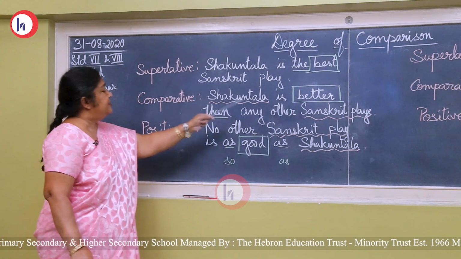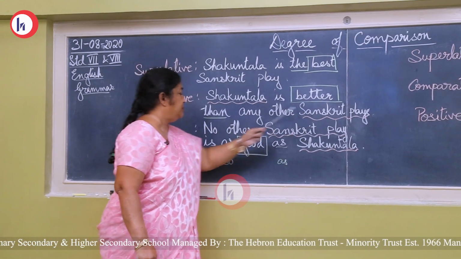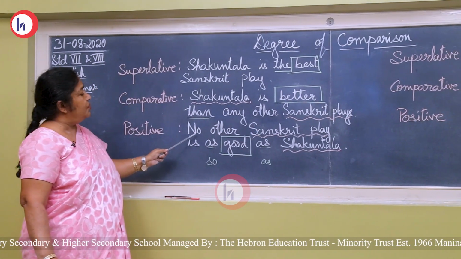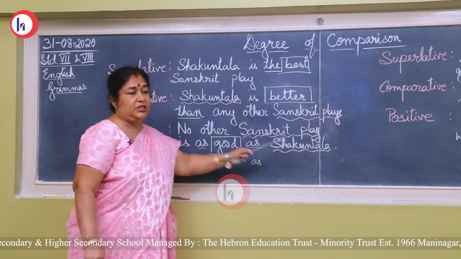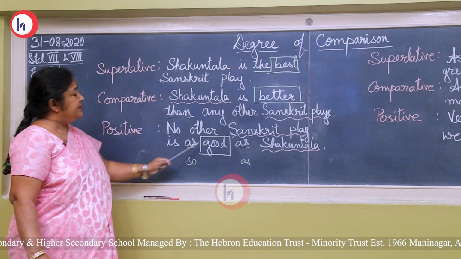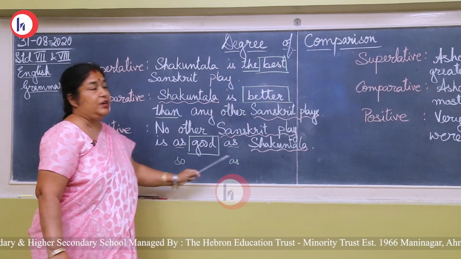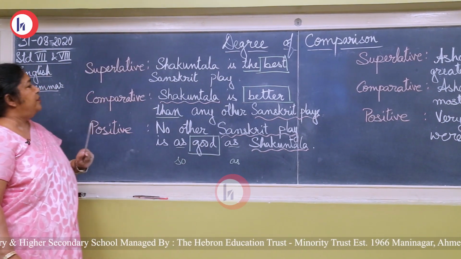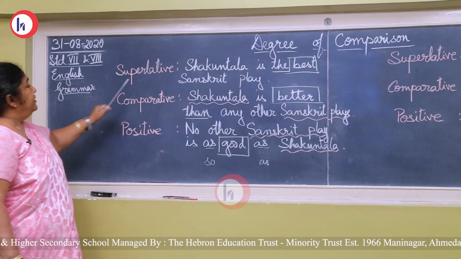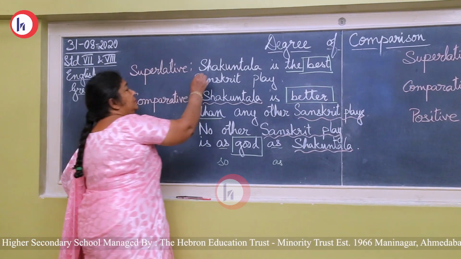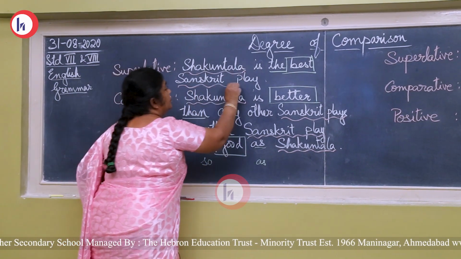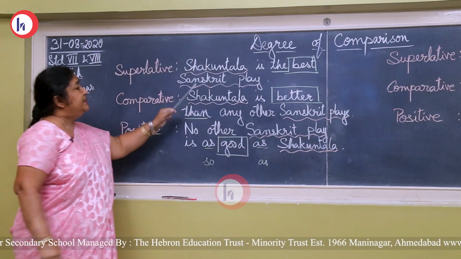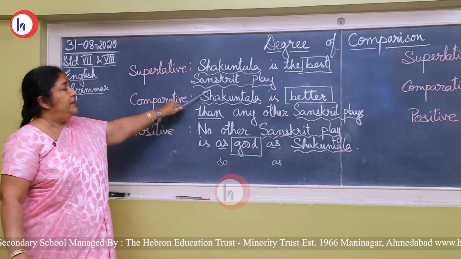So Shakuntala is better than any other Sanskrit play. Here we have written no other Sanskrit play is as good as Shakuntala. In place of as good as, you can also write so good as Shakuntala. In the superlative, Shakuntala is in the front as subject and Sanskrit play is in the last.